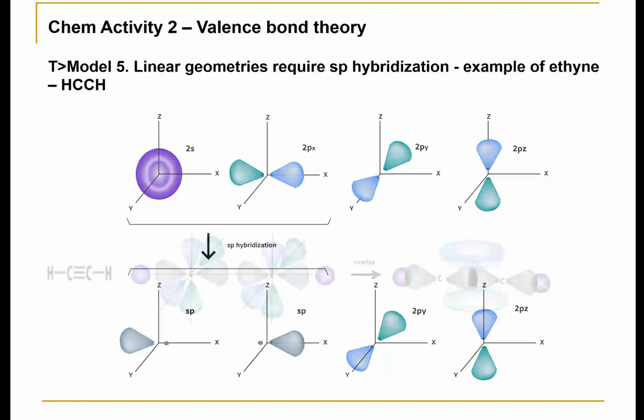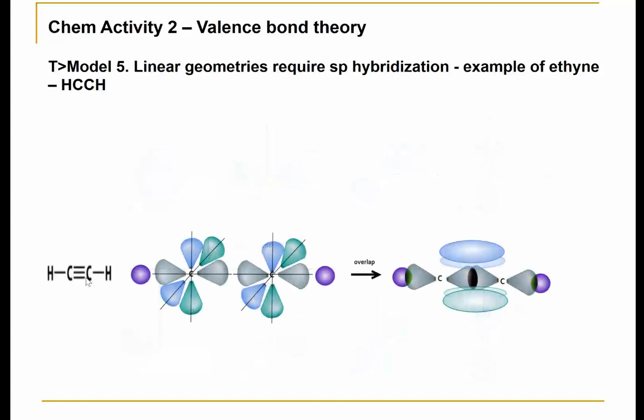Putting this together, we now see the bond line representation of ethine. Again, one of these lines between the carbons represents the sigma bond. The other two lines represent the pi bonds. It doesn't matter which lines you think of as being the pi bonds. Now moving to the boundary surface diagram, the gray boundary surface representations correspond to the sp hybrid orbitals.